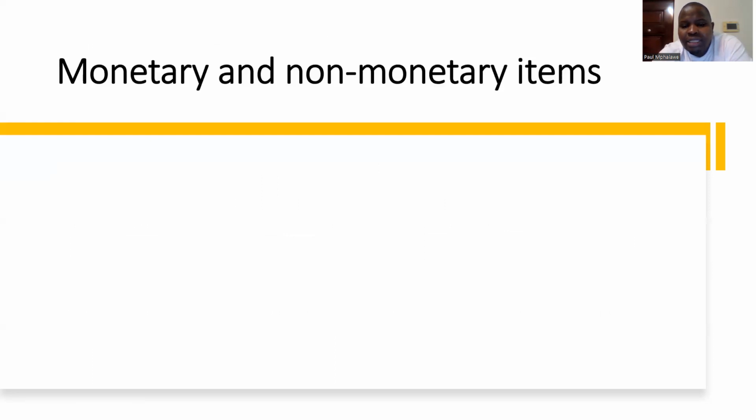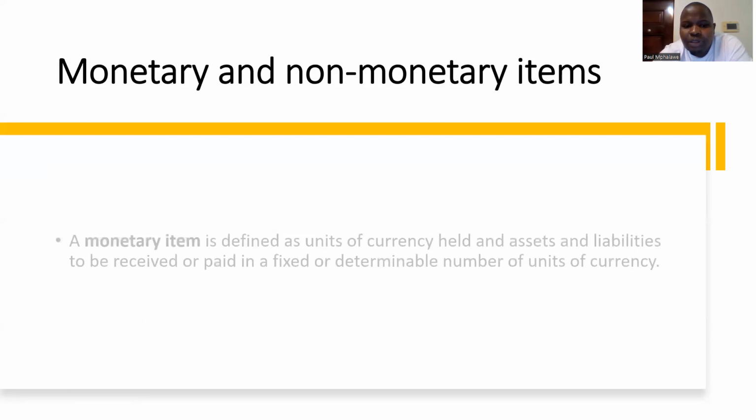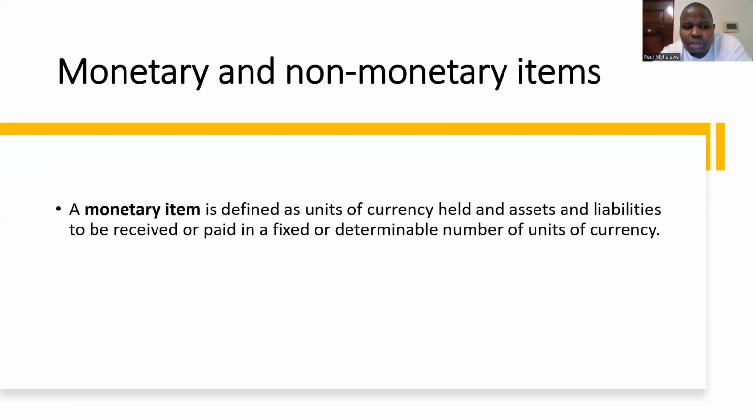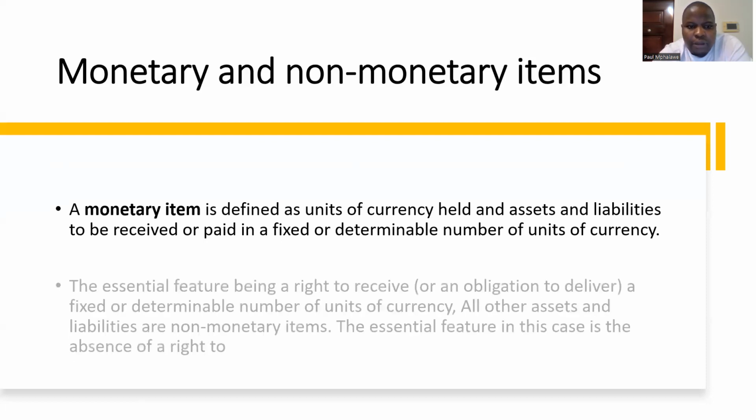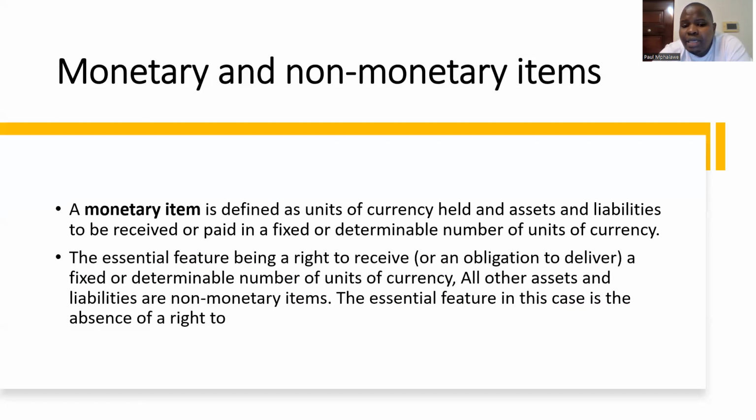Okay, so let's dive into looking at monetary and non-monetary items. So what are monetary items? Monetary items are defined as units of currency held and assets and liabilities to be received or paid in a fixed or determinable number of units of currency. Okay? The essential feature being a right to receive or an obligation to deliver a fixed or determinable number of units of currency.